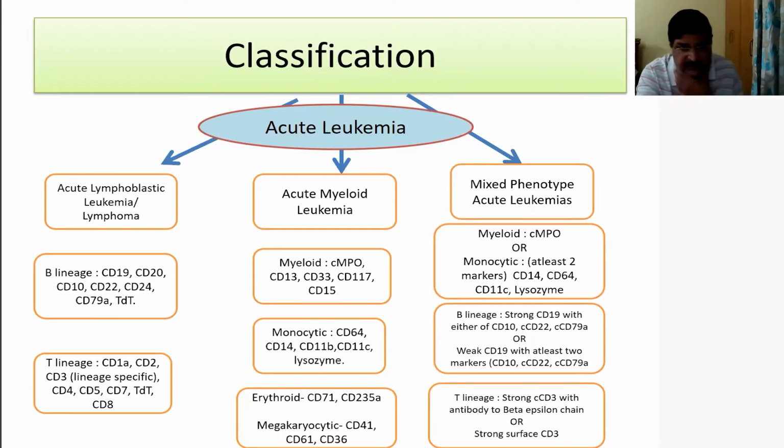Whereas in the T lineage acute lymphoblastic leukemia, you have the pan-T markers that are CD3, CD7, 5, and you also have some immaturity markers like TDT, which is common to both, and you have the CD4 and CD8, which are the differentiation markers, along with some markers of immaturity in terms of CD1A and CD2. But the lineage specific marker is CD3. You can study both cytoplasmic CD3 and the surface CD3 in T lineage lymphoblastic leukemia.